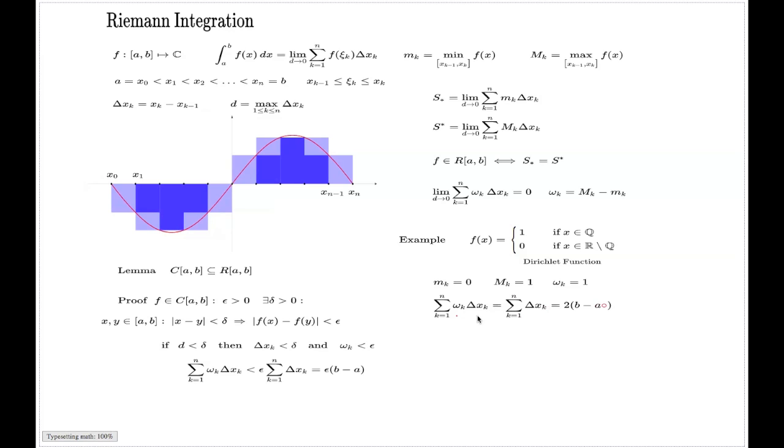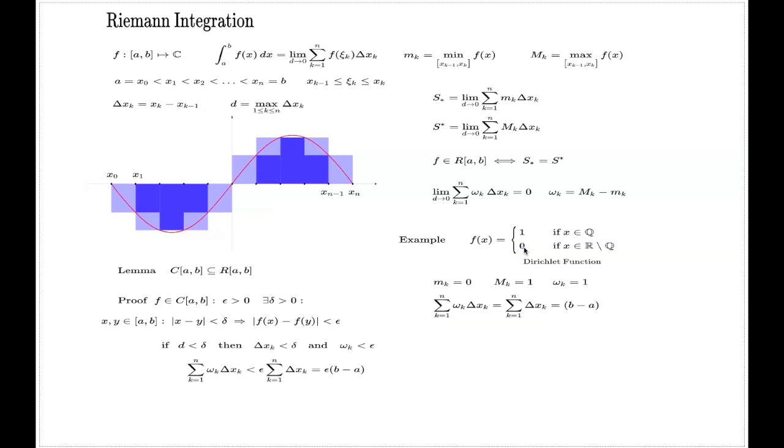If I compute this sum, the oscillation is 1, so we end up with the sum of the lengths of the smaller subintervals. We know this sum is just the length of the big interval of integration, and we end up with this. Obviously, this will never go to 0, no matter how hard you push the diameter of your partition to 0, which means that this Dirichlet function is not integrable.